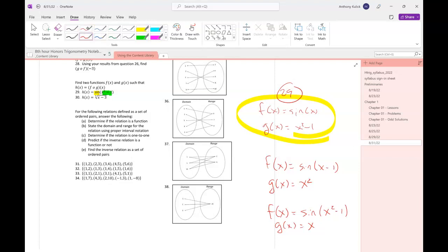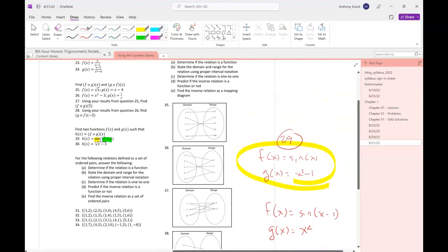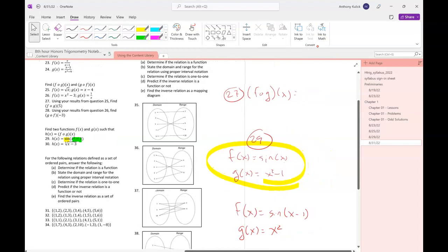Chanel. Number 27. 27 says using the results from question 25, find f compose g of 5. So f compose g of x from that one would have been the square root of x minus 4, right?